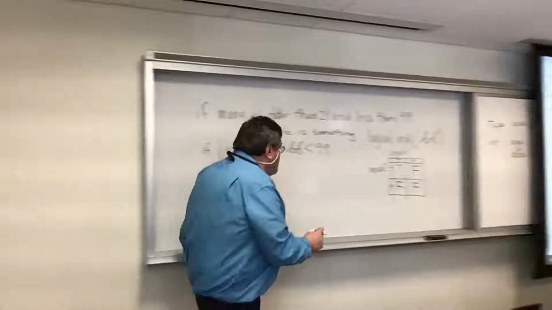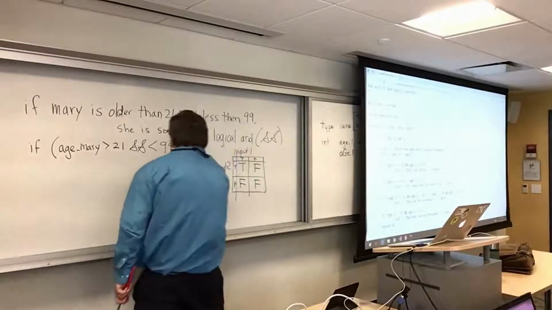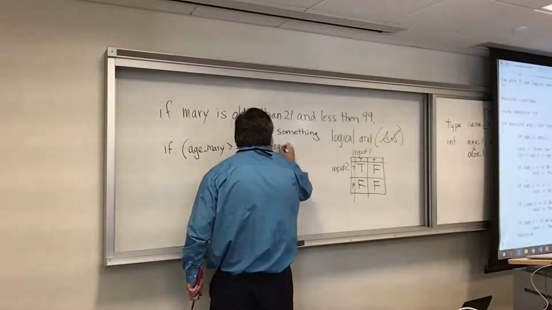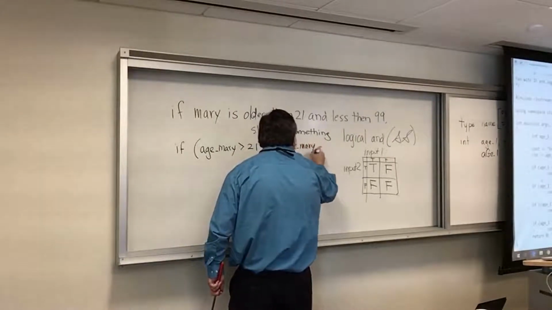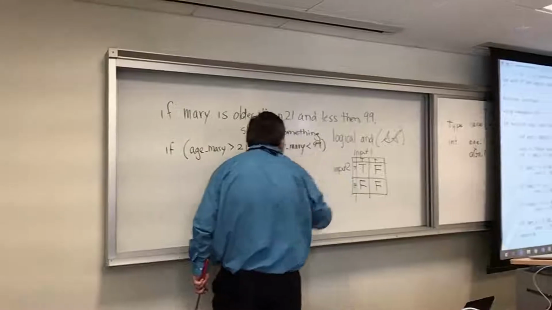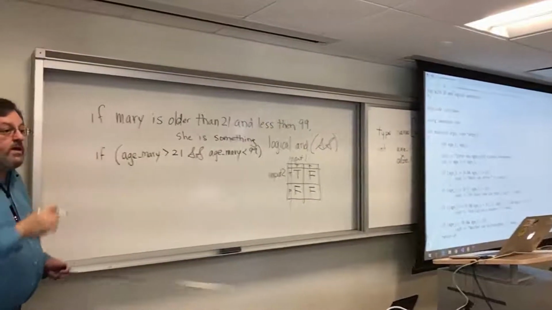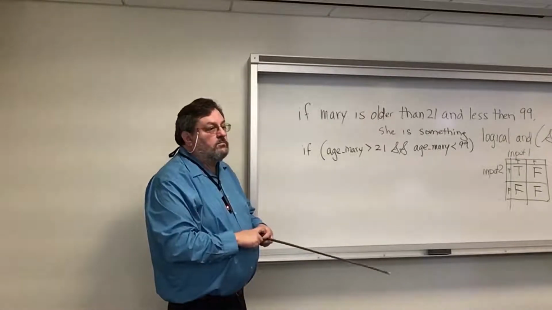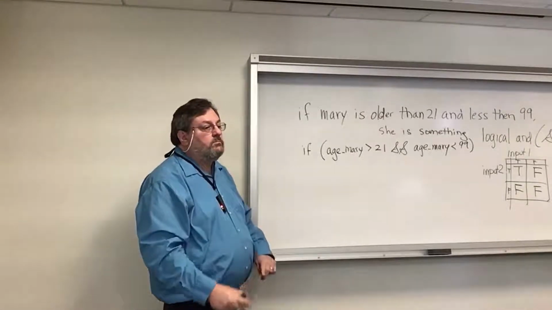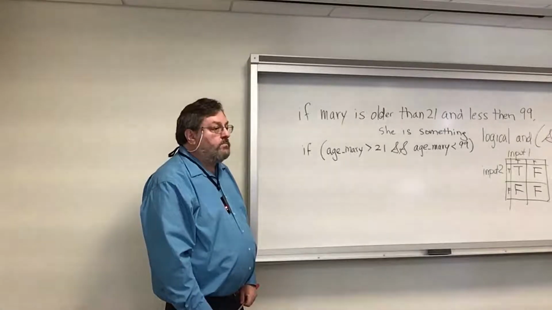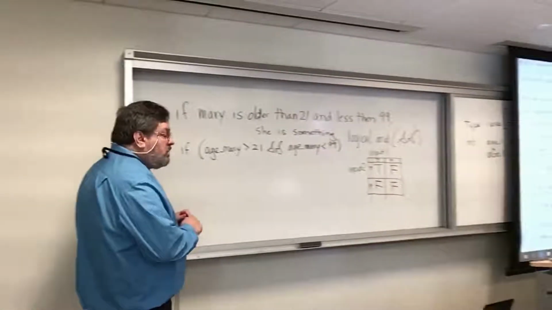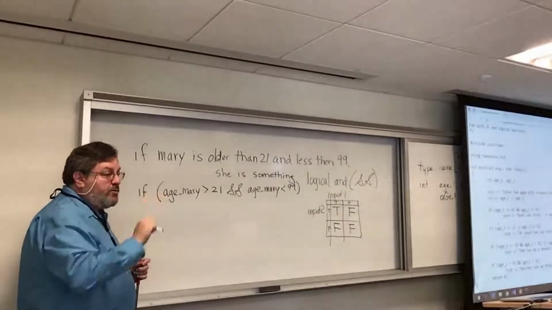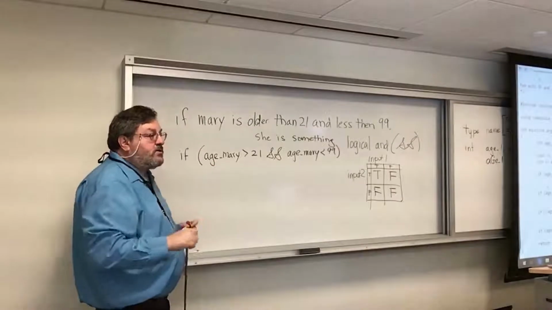You would have to spell out the variable name a second time. Okay, so go ahead. Couldn't you do if 21 less than age Mary, greater than 99? Or less than 99? Okay. Age Mary in the middle. In math you could, but not in this language.